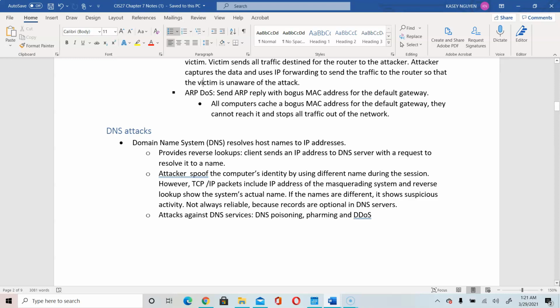Now they can also modify the record, which would actually be the poisoning part of the DNS, or they can spoof to be identified as a system that's part of that domain.